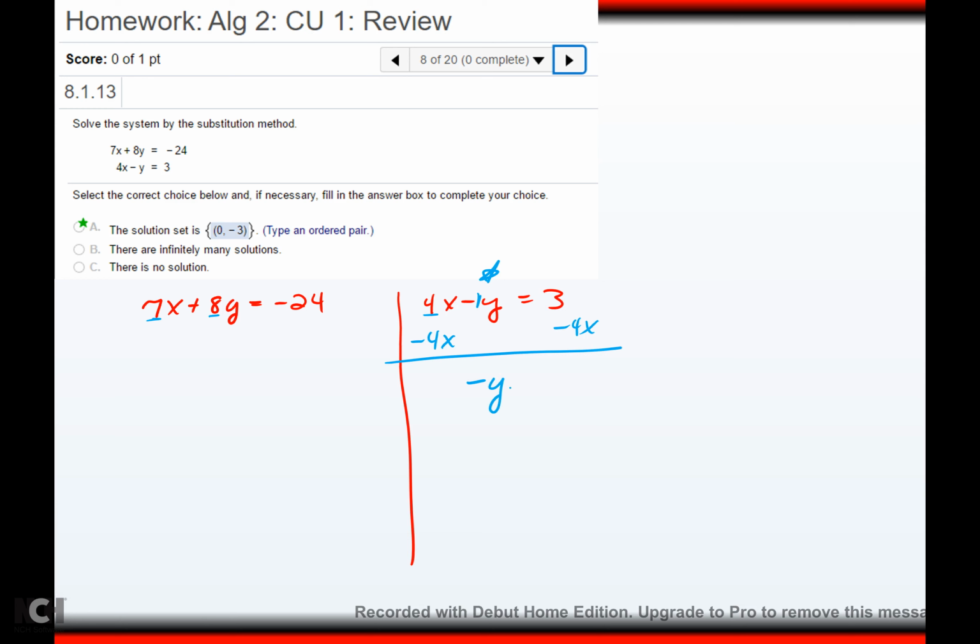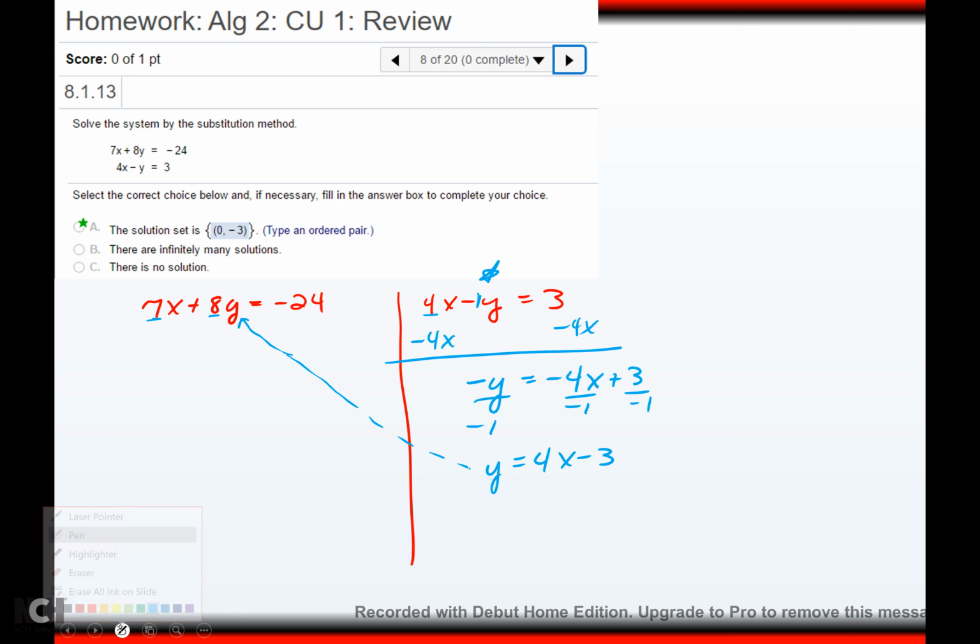That gives me negative y equals negative 4x plus 3. Divide by negative 1, and I get y equals 4x minus 3. Now that I got a letter alone, I can cross over and plug it in for y.